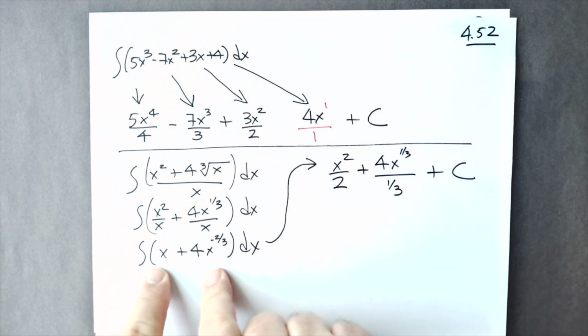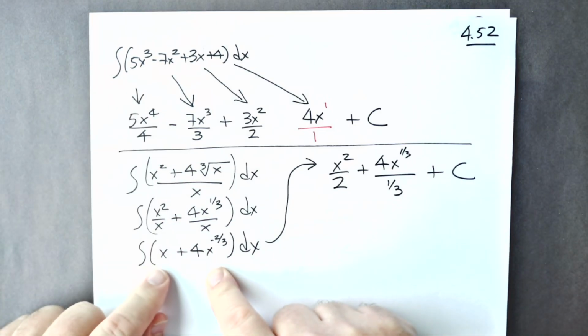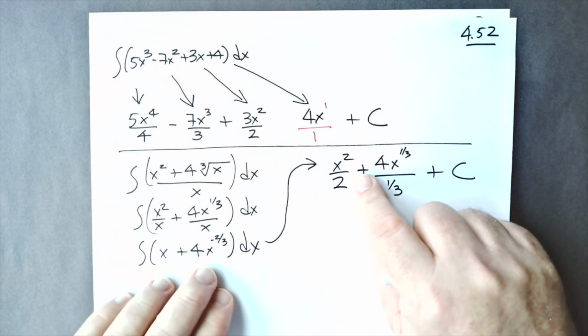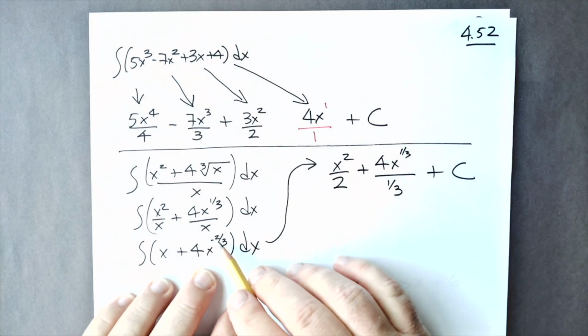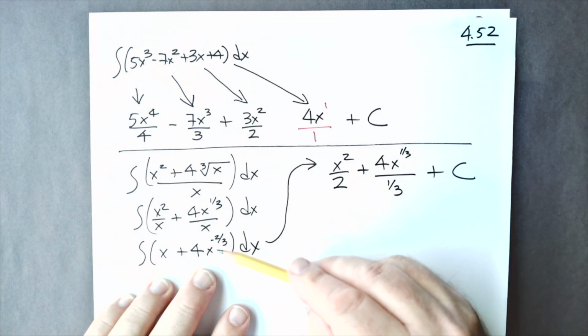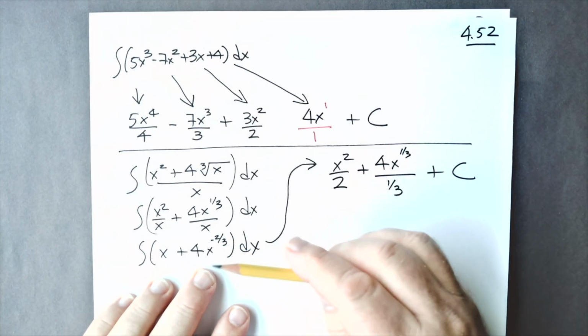Now, once you get here, this is actually very similar. So what's the integral of x? Well, x squared over 2. And what's the integral of 4x to the negative 2/3 power? Well, again, we don't care that there's a fraction. We're literally going to add the number 1.